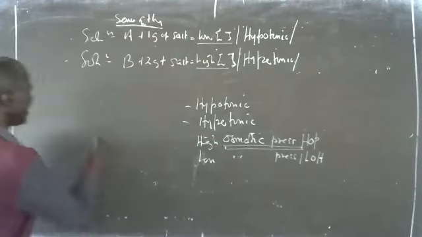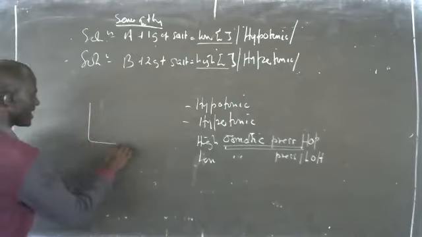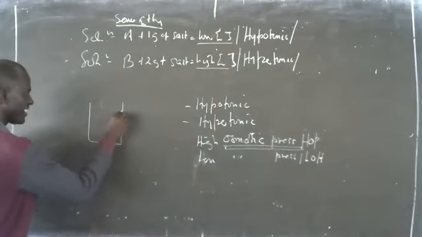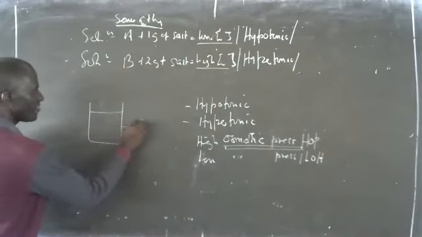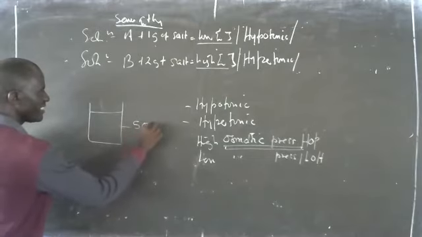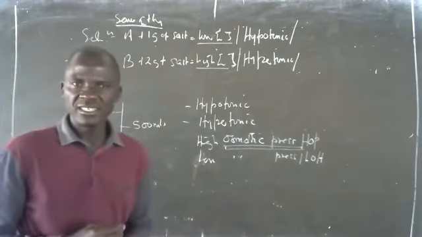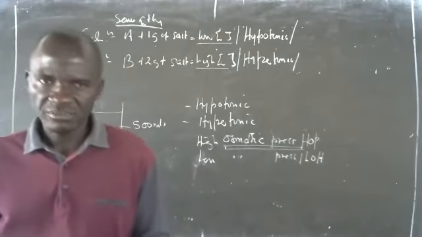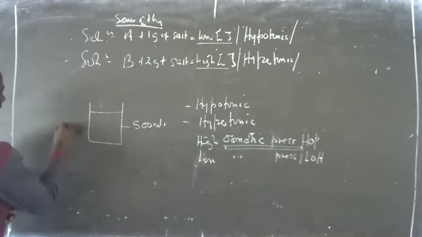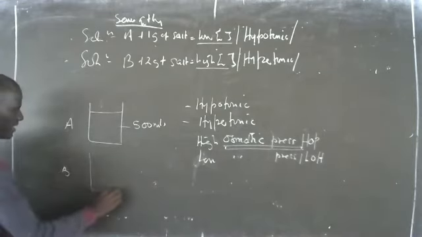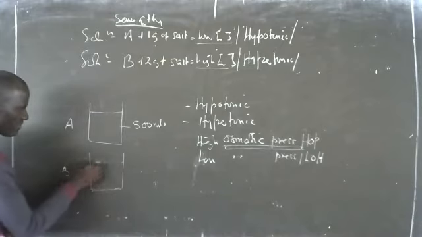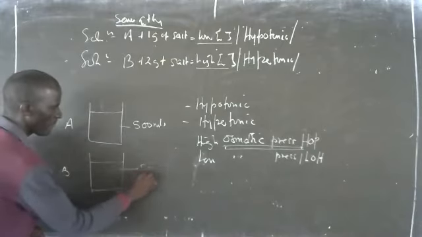Like here, if I have a glass of water having 500 mils, that is mils, I mean centimeter cubed, would be A. And I have another B having the same volume.